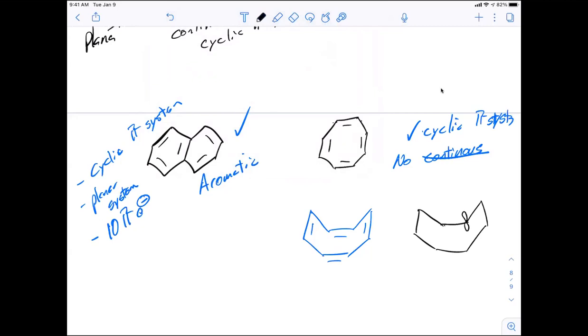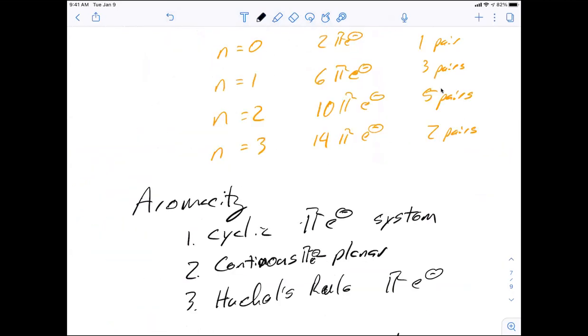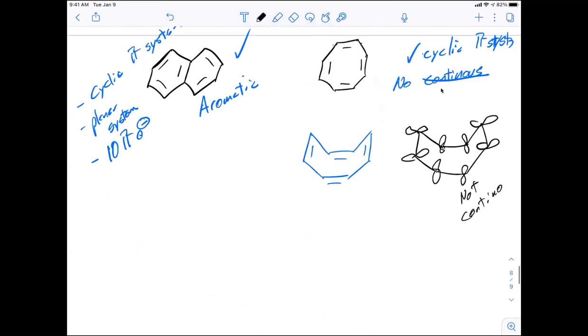So I got my P's here, P here, but what are these? Are those going to be aligned up with the ones in the bottom? No, right? So therefore, not continuous. It's not planar. So this one is non-aromatic.